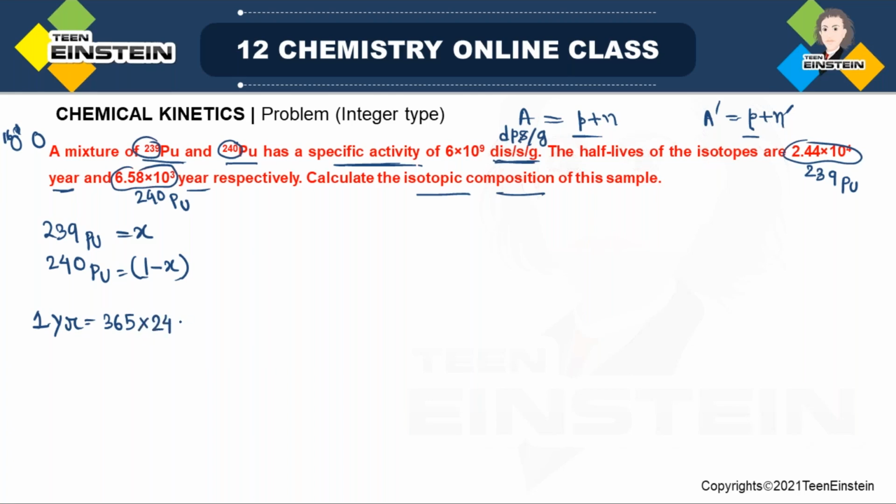From hours to minutes, multiply with 60. Then from minutes to seconds, another 60. Ultimately the value is 31536 times 10 to the power 3. Next, the equation that we will use is A equals lambda N. For 239 Pu it will be N1, and for 240 Pu it will be N2.